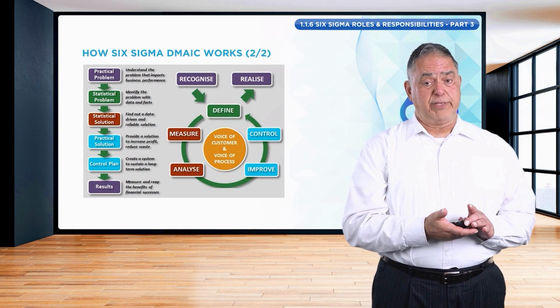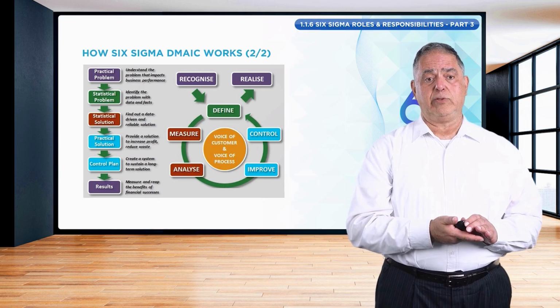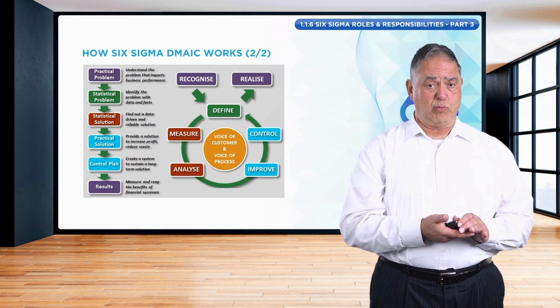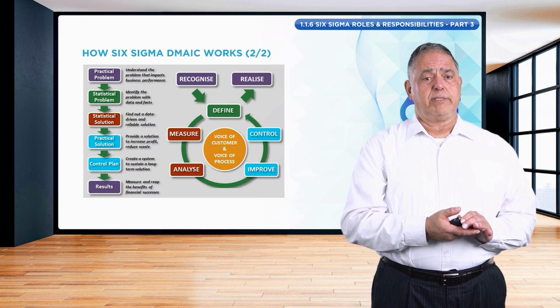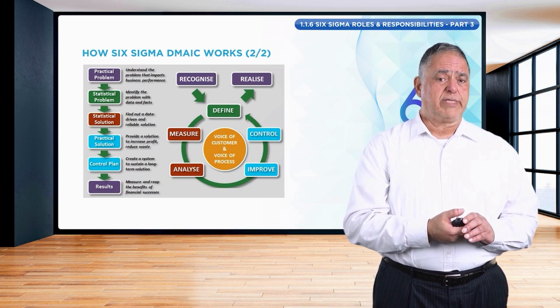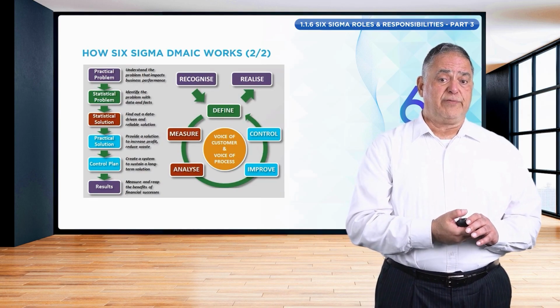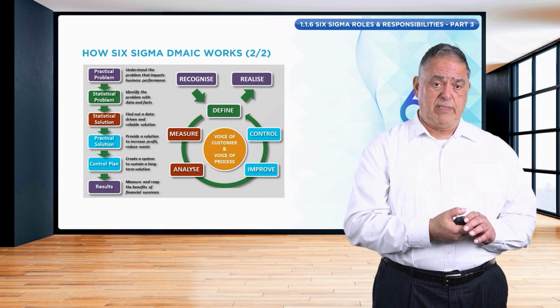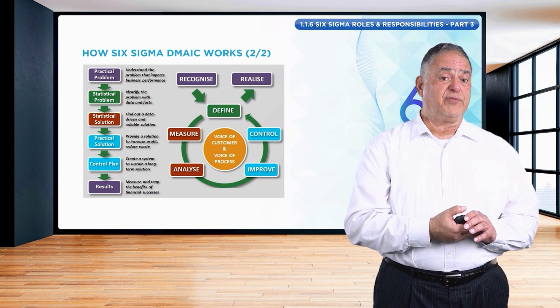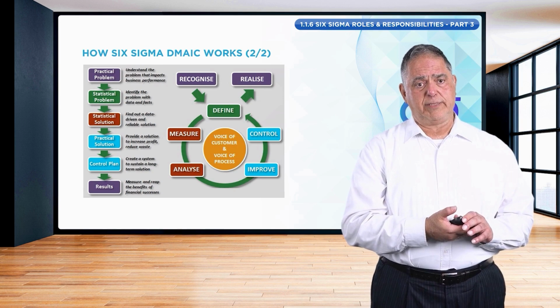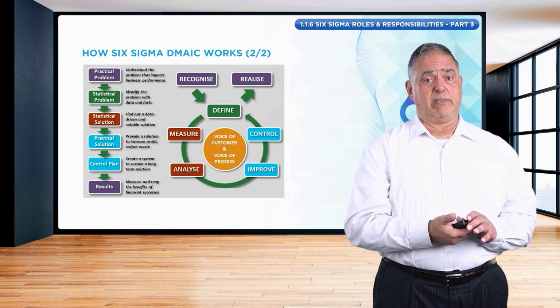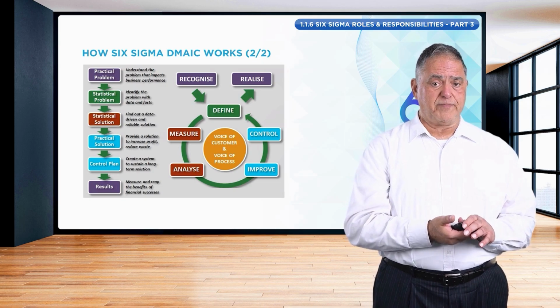Also, this is an interesting figure illustrating how Six Sigma DMAIC works. You may notice that there is color coding associated with the different phases of DMAIC and the transformation that is taking place between the DMAIC stages.